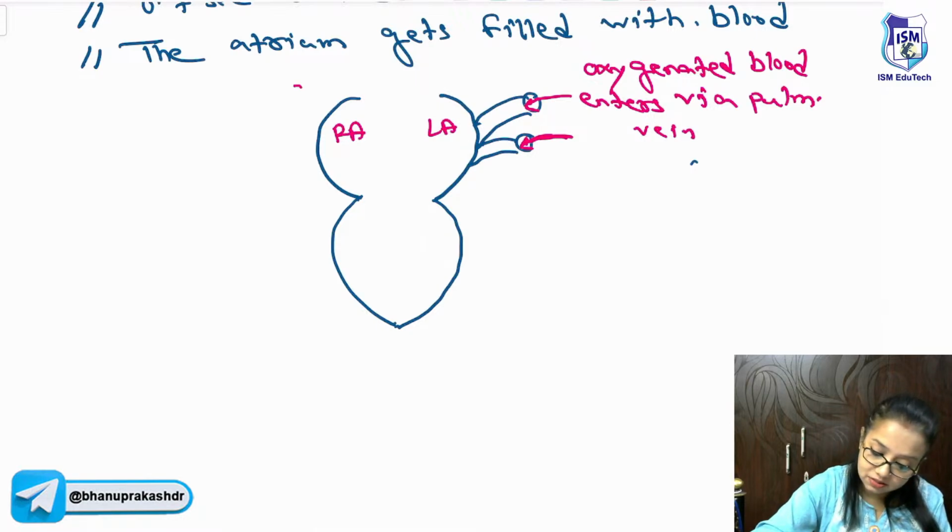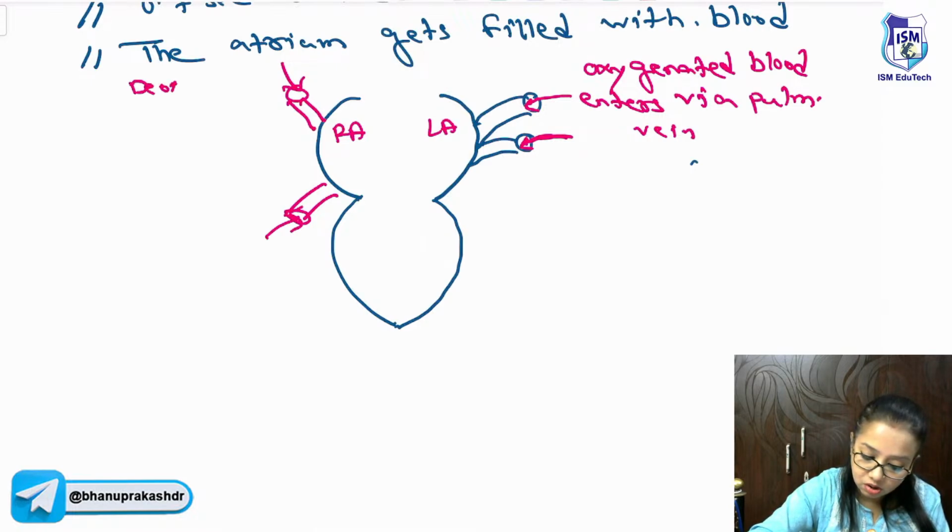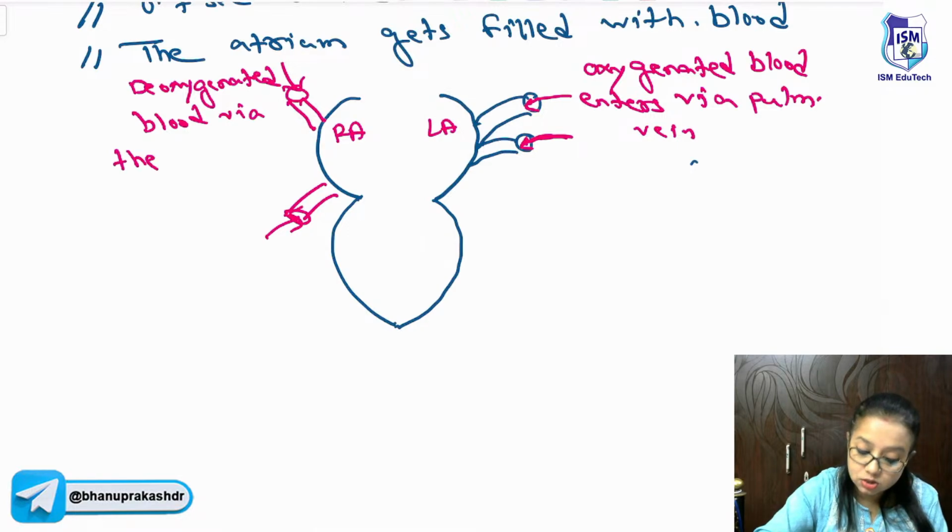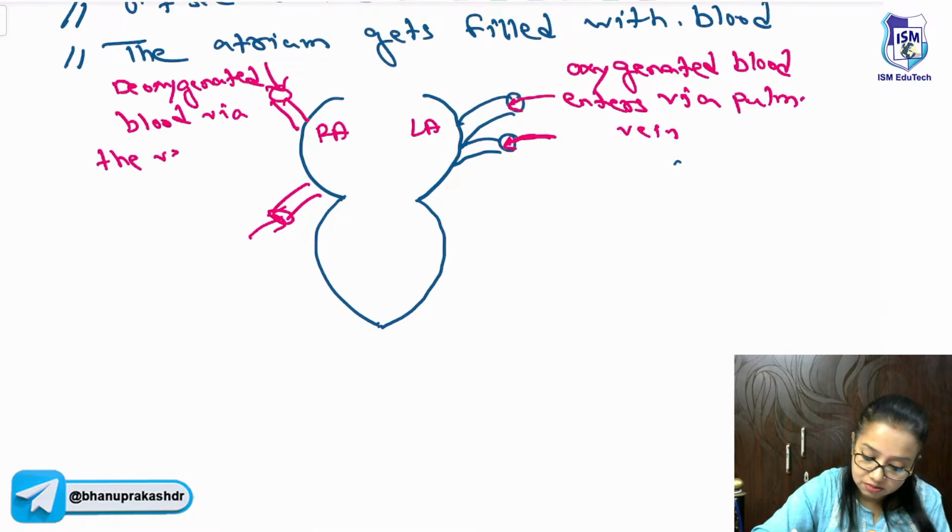And what is the event that is happening in the right atrium? In the right atrium, there is impure or deoxygenated blood entering via the superior and inferior vena cavas.